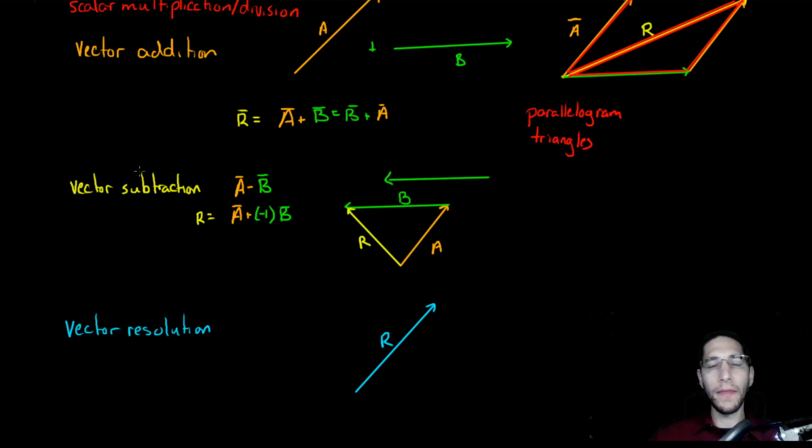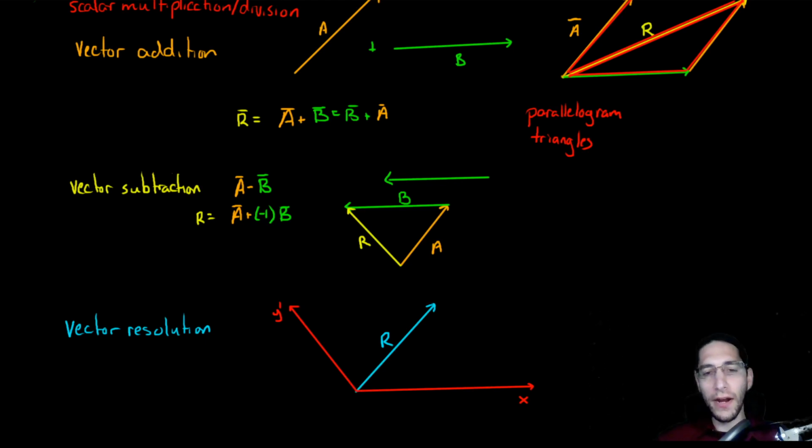So these can be any axes that I want. Let's say that I want to figure out what it is along this, and we'll call this y prime, and along this, and we'll call this x. So I want to figure out the components of R along the x and y prime axes.